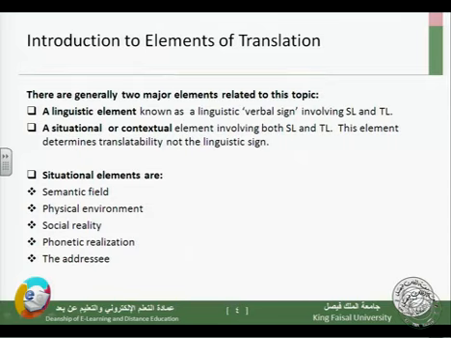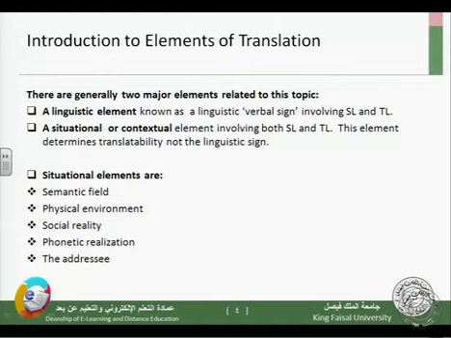Now, regarding elements of translation, in general, there are 2 types of elements. Linguistic element, known as a linguistic verbal sign involving SL, the source language, and TL, the target language.